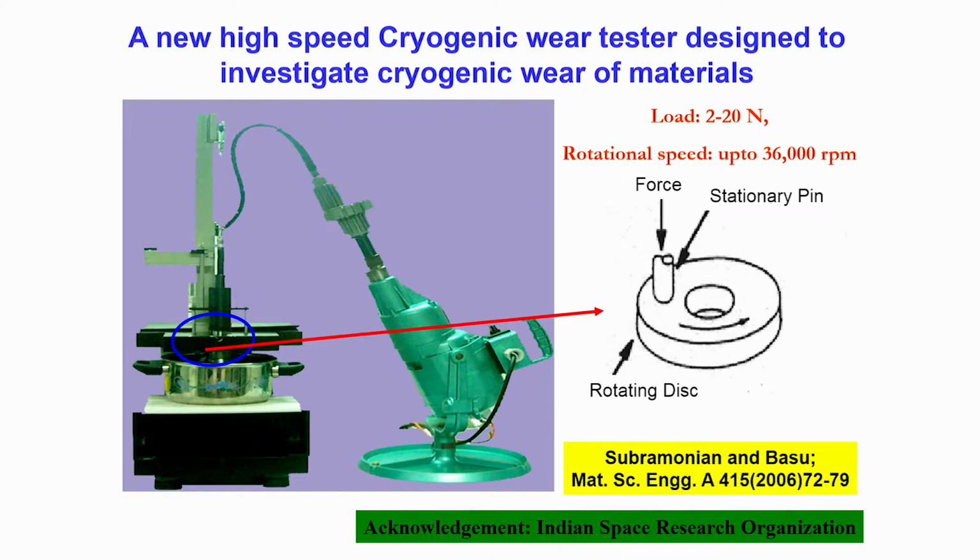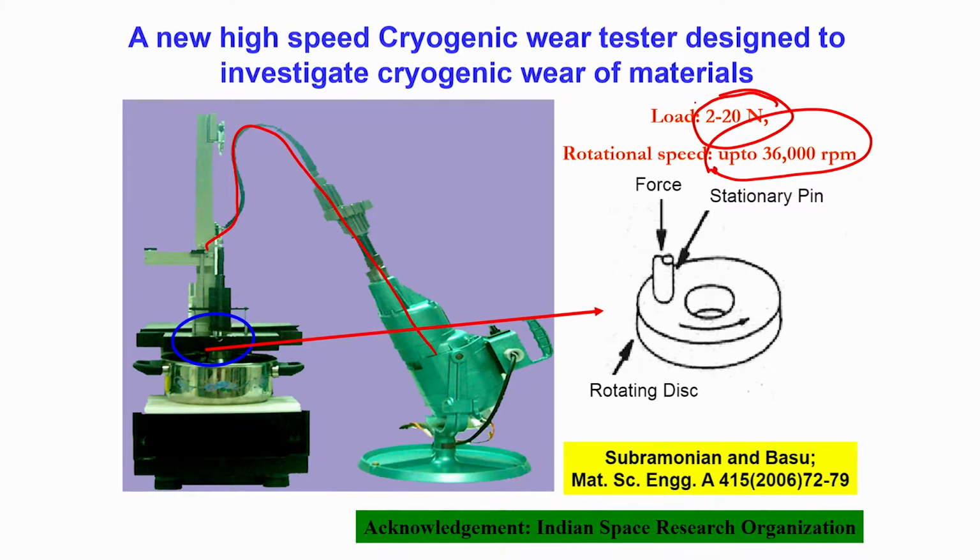What this particular shaft and pulley arrangement does is allow this disc and pin assembly to experience extremely high relative motion, and the rotational speed of the disc can go up to 36,000 RPM. And 36,000 RPM is certainly sufficient to simulate the space bearing applications, as I mentioned a few minutes back.